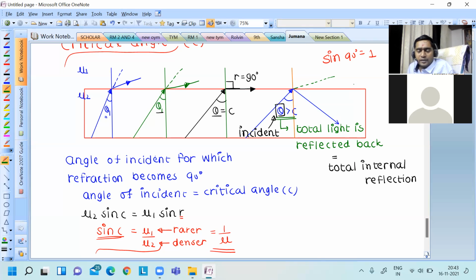The same thing happens with diamond. Diamond has a very high refractive index, about 2.48, so it has a minimum critical angle of about 24 degrees. Because of that, whenever light is incident inside the diamond, this condition is always satisfied, up to infinite time.